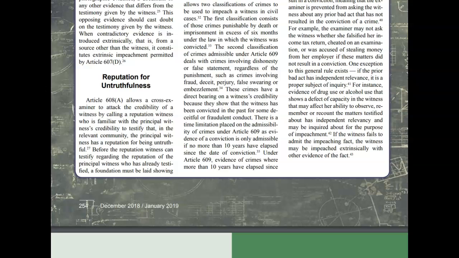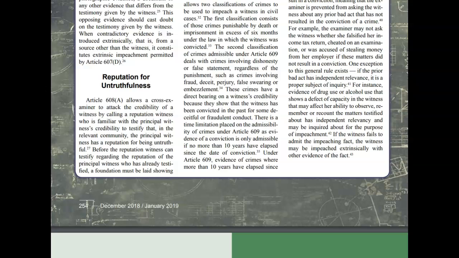The defense could call a character witness, we'll call that person witness two. The defense in a civil case could call witness two to testify, after the appropriate foundation is laid under Article 608A, that witness one has a bad reputation for truth telling.